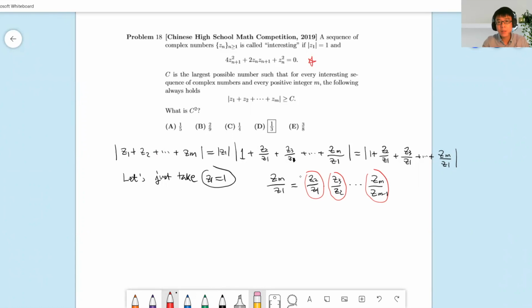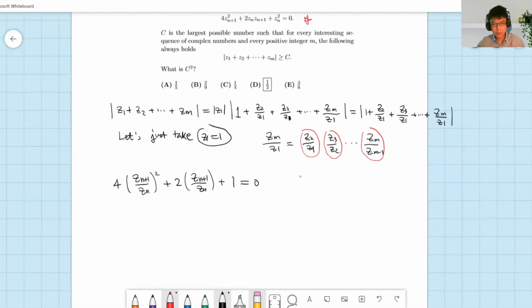So we can divide by Zm square in this equation. That means we have 4 (Zm plus 1 over Zm) square plus twice Zm plus 1 over Zm plus 1 equals 0. And we can solve the quadratic equation to get the information of this quotient.